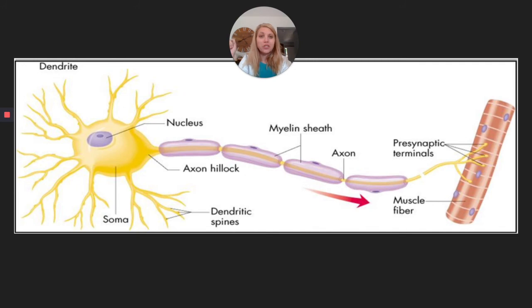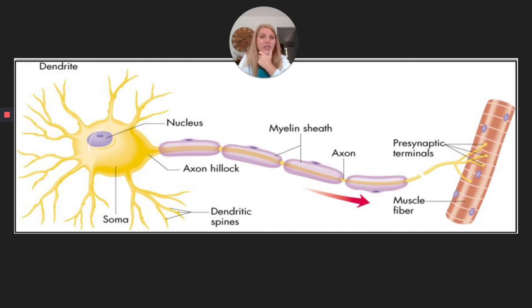So in my neuron, where I started with my dendrite, processed in my soma, and sent along on my axon, I come to the end of my axon. And at the end of my axon, there are a couple of different names I might use to describe this particular fiber. It is known as either the axon terminals, or the presynaptic terminals.